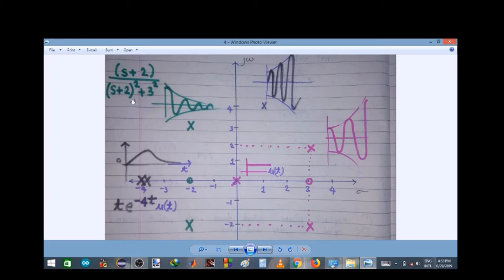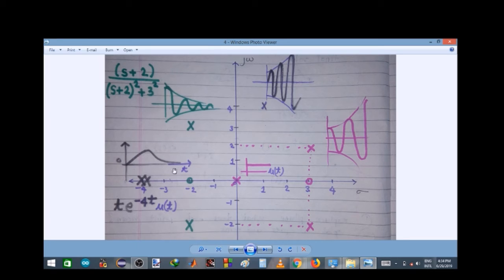So what it means is, if you take the inverse Laplace of this quantity, you already know from standard Laplace transforms that this function evaluates to e to the power minus 2t cos 3t. Why is there a cosine coming? Because of this zero, s plus 2.